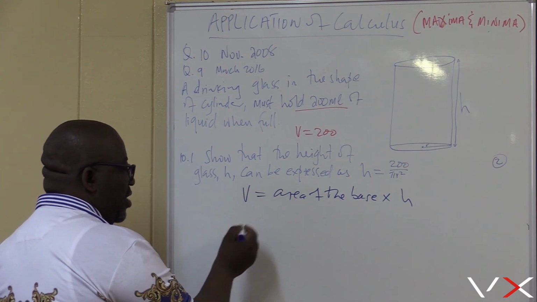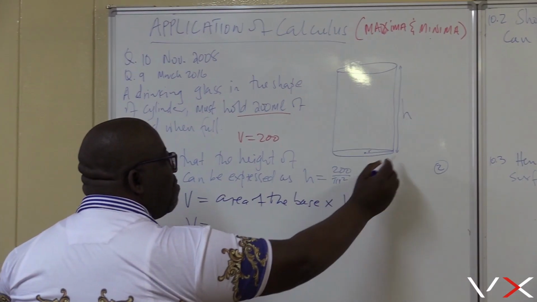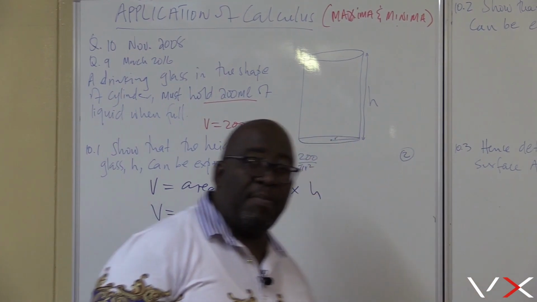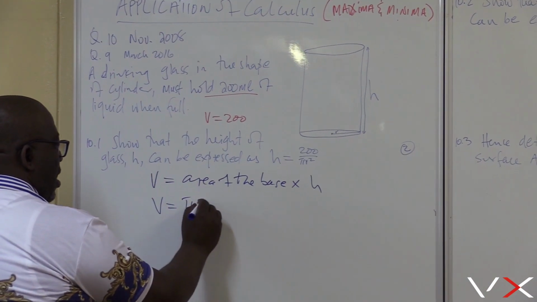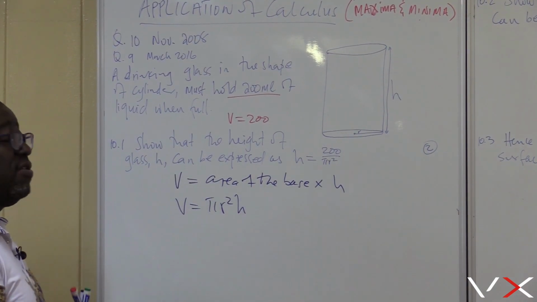What is the area of the base? My base is circular. The area is pi r squared. It will be pi r squared times height, times h. This is the formula for the volume.